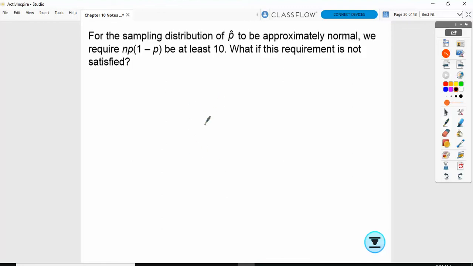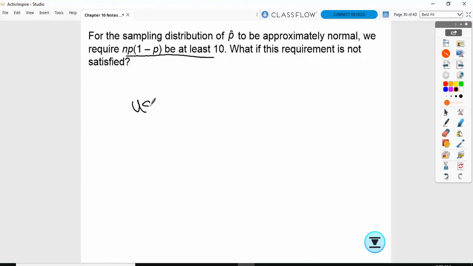Sometimes we have data that we want to apply this to, but the criteria isn't met. We know that in order to do the normal approach, we have to satisfy the criteria: n times p times 1 minus p has to be bigger than 10. If it's not, then we don't just give up and say we can't solve this problem.